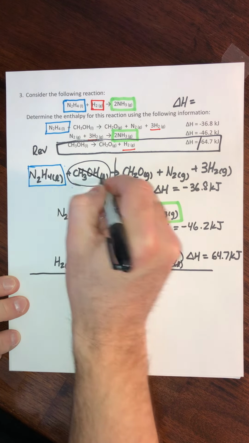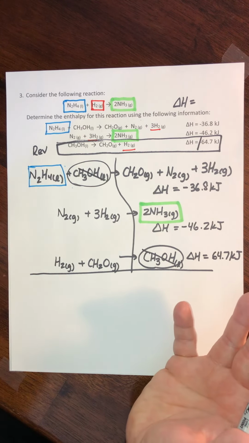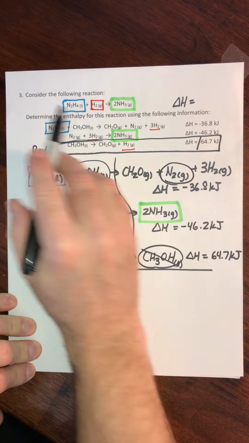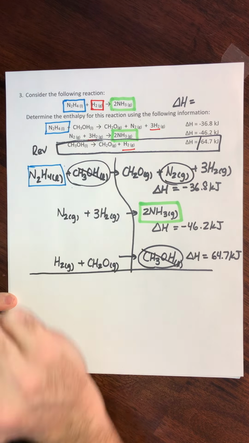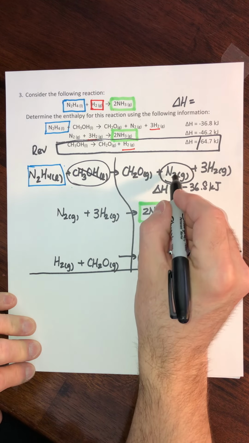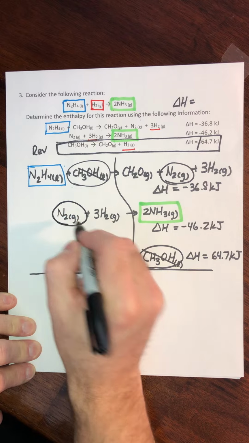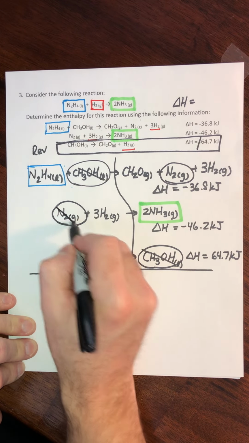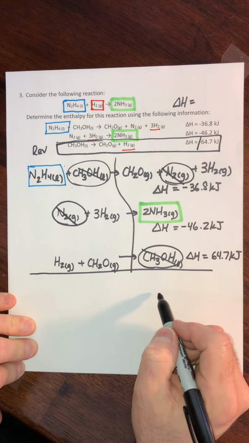Okay, so they're gone. Well, now let's cancel out the rest of our things. If I look at this, there's an N2 here, right? There's no N2 by itself in my target equation. So that means the N2 has to cancel. There's one N2 gas on the product side. There's one N2 gas on the reactant side. So they're gone.